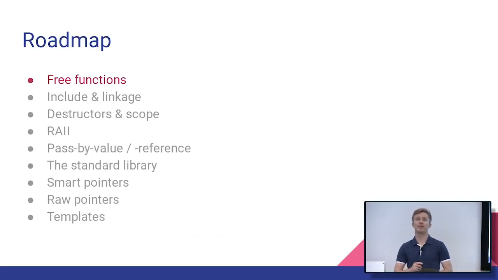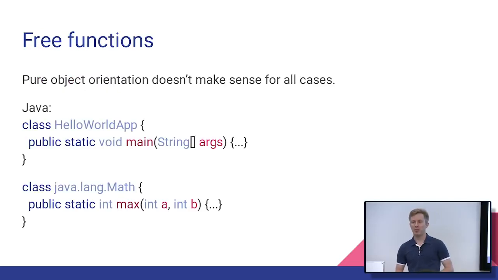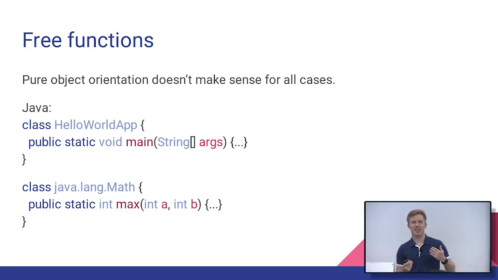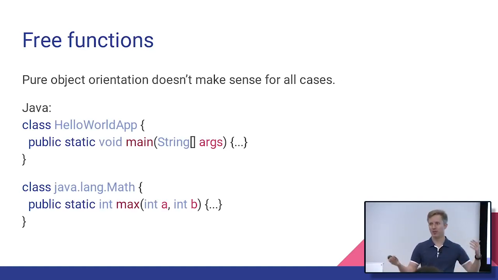All right, so let's start with free functions. So I'm going to pick on Java a little bit, and that's not because Java's bad. It's just easiest for everybody to read. And I want to use Java as examples that are clear, whether you're coming from Python or Java or JavaScript, whatever.